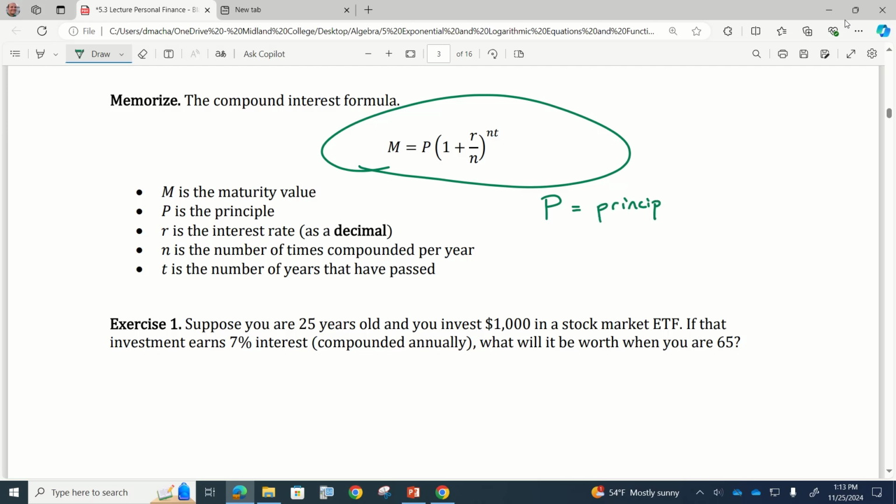Principal is the initial dollar amount, that's before any time has passed. Maturity value, that's the dollar amount after some time has passed.